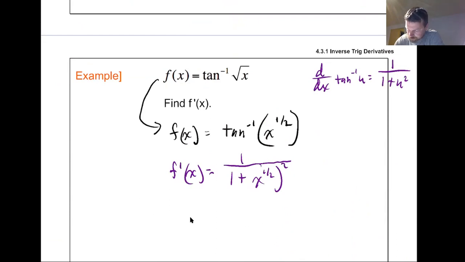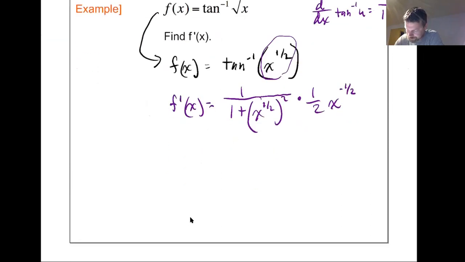So now I need to multiply that by the derivative of the inside. Well, the derivative of x to the 1/2 is 1/2 x to the negative 1/2. I'm essentially done here, but I can do some pretty nice simplifying. In this case, it's going to be 1 over 1 plus x, because x to the 1/2 all squared is just going to be x.